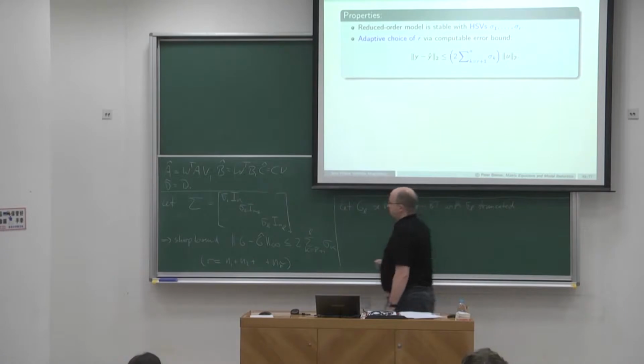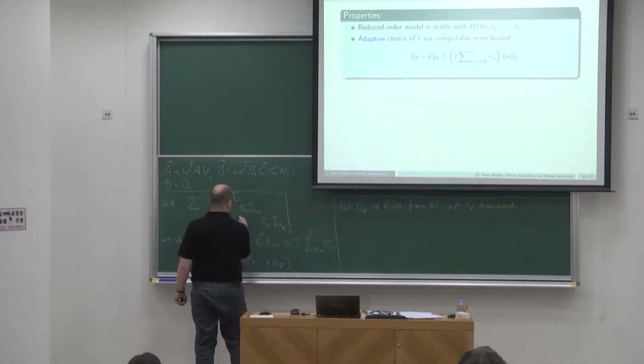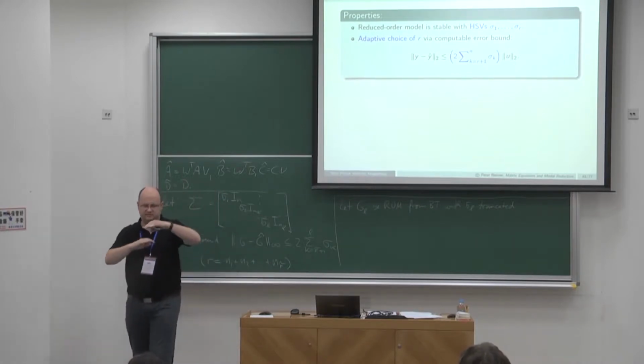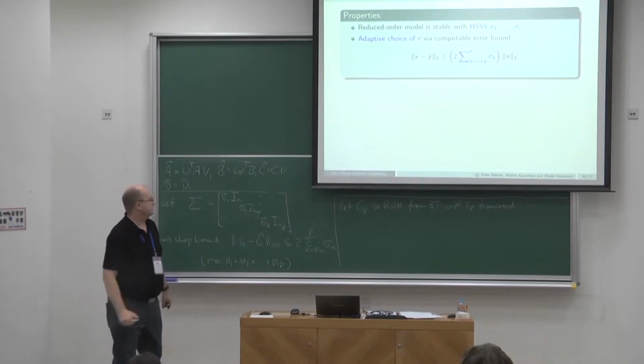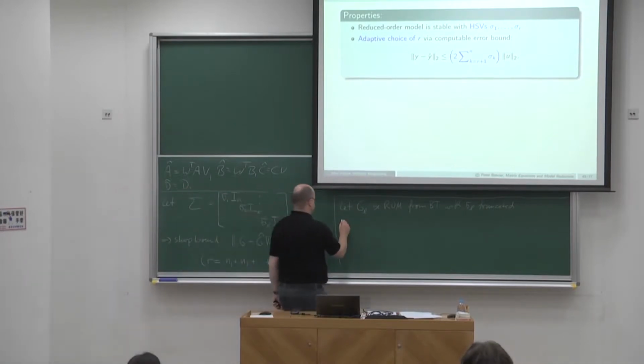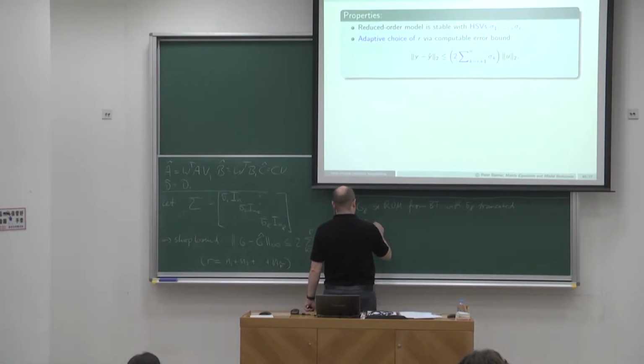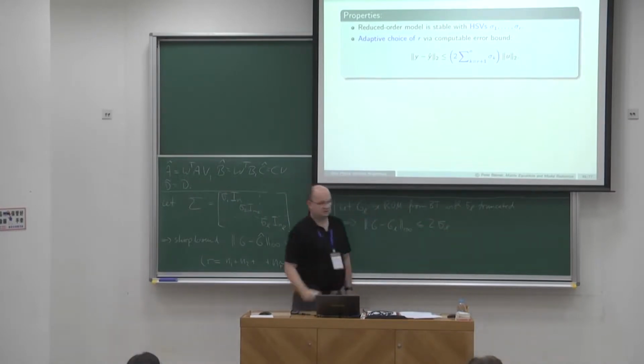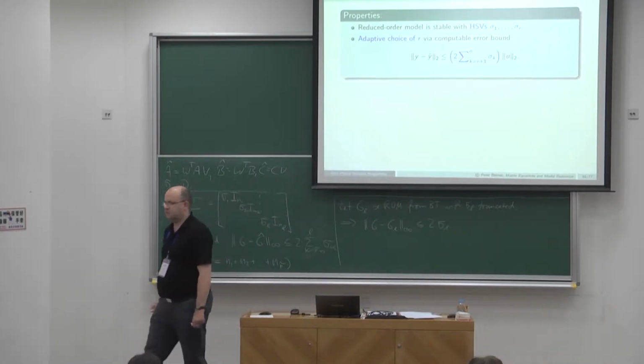So you cut here. You keep everything but the last Hankel singular value and the associated block. And then you can prove that G minus G_L in the H infinity norm is less than or equal to 2 times sigma L. So that's the long part of the proof.